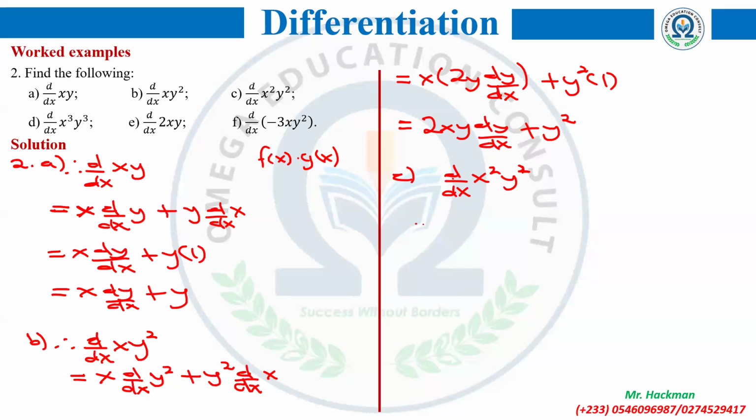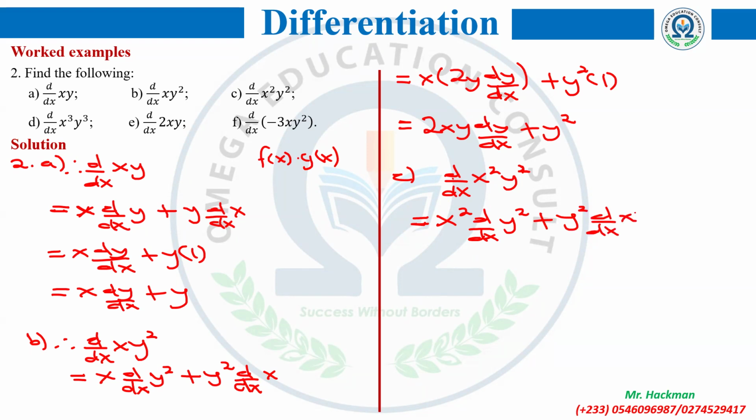So by the product rule, we hold the first function, which is x squared, then come and find d dx of y squared. All correct, my professors? Yes, please. Then plus, come and hold y squared, then find d dx of which function? x squared.